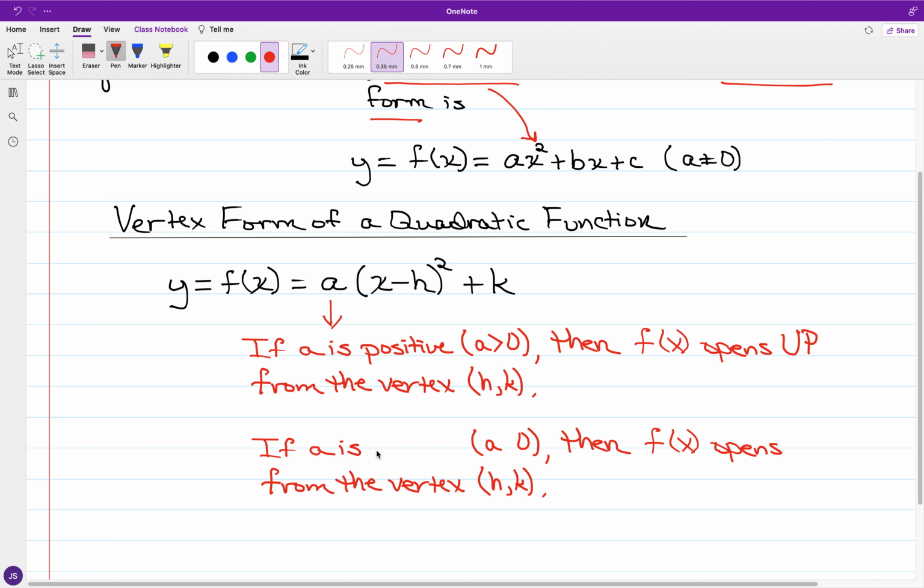In this case, if a is a negative value, so a is going to be less than 0, and you're going to have the graph of f of x opening downward from the vertex.